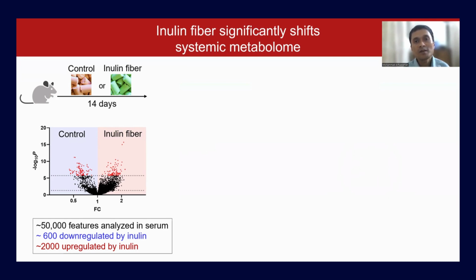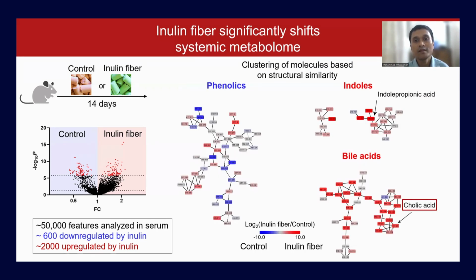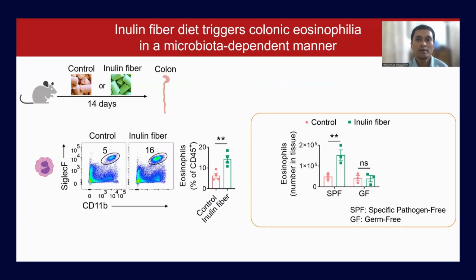And to our surprise, we observed that there were hundreds of metabolites which were either upregulated or downregulated by the inulin fiber. Here you are seeing 3 different groups. The blues are downregulated and reds are upregulated, and each node is 1 metabolite. So you can easily see that bile acids were mostly upregulated by the inulin fiber.